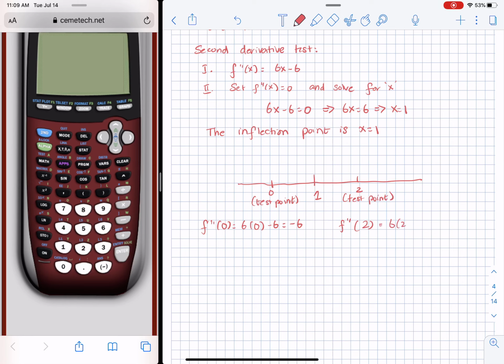We get 6 times 2 minus 6, I get positive 6. So f double prime is negative, which would imply the function is concave down there. F double prime is positive, which means the function is concave up there.